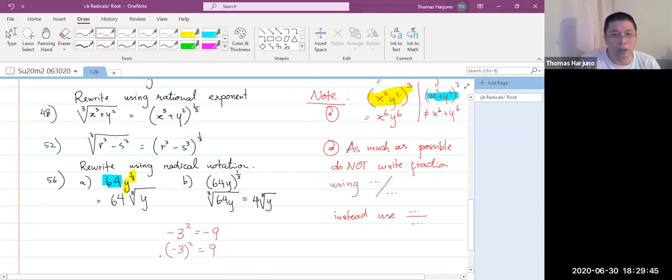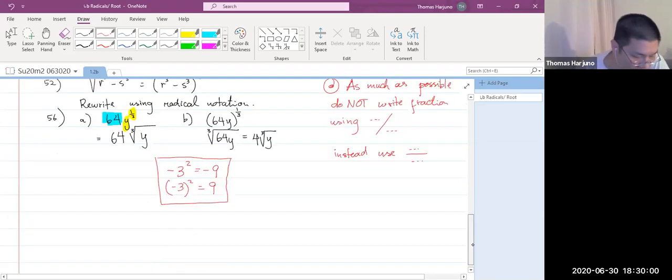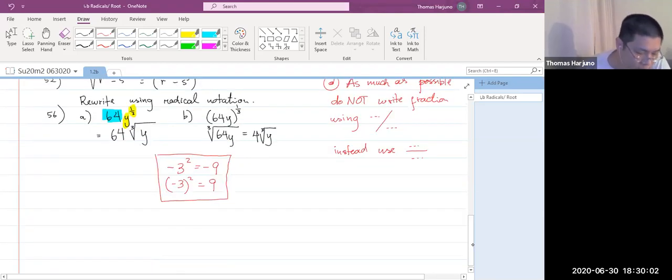So the idea of what we did a long time ago in pre-algebra is now being carried over into this radical notation thing. Now, anything from here, just practice in simplifying. Let me pick, for example, number 64.